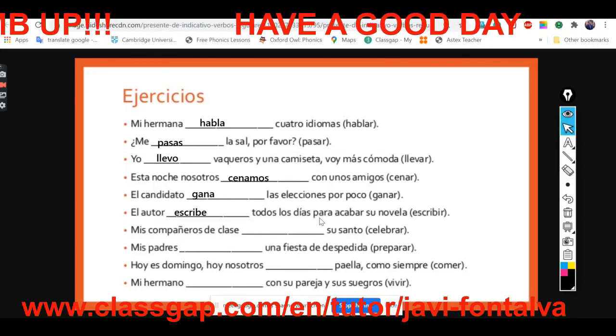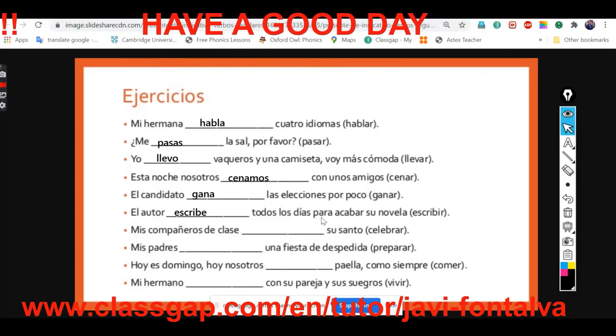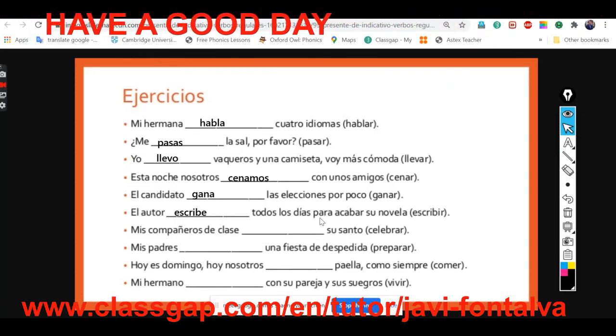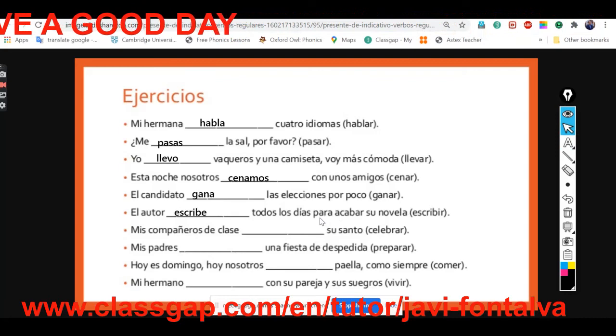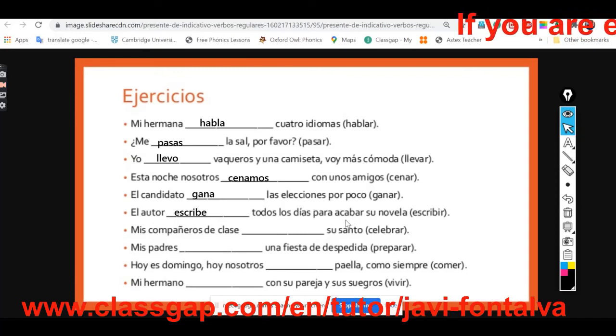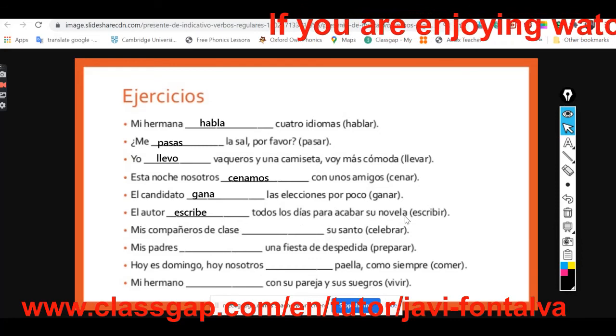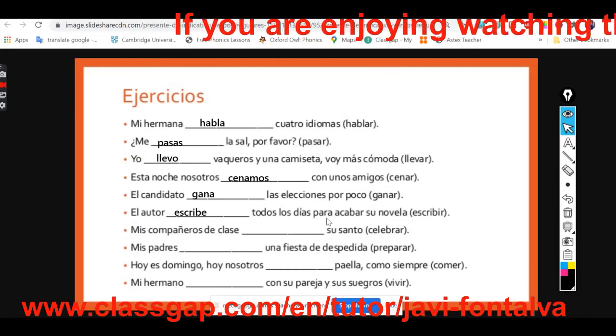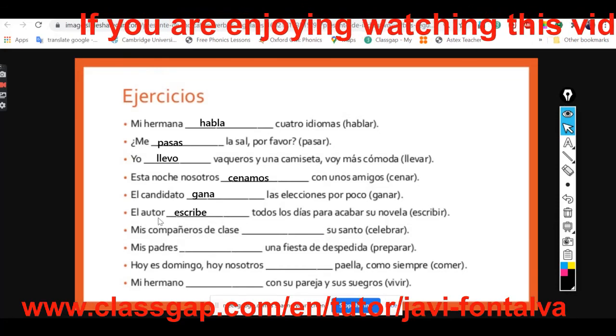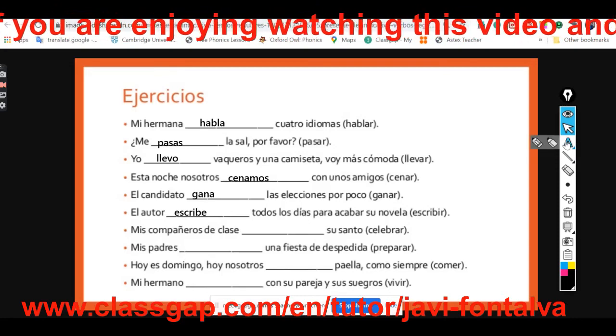Okay, this para here could be for, but here it is more used for purpose. So para is also used for purpose. In English you would say in order to, or to, yeah? So the author writes every day so that he can finish his novel. Why is he doing this? Okay, next one.